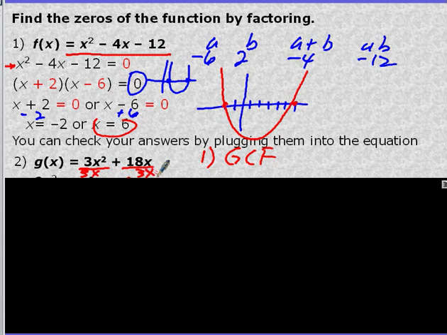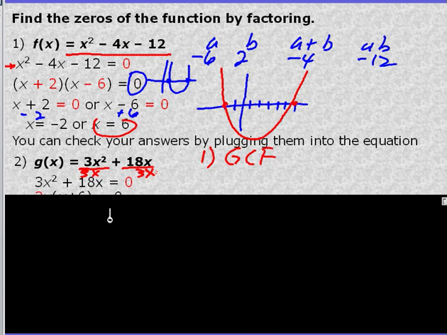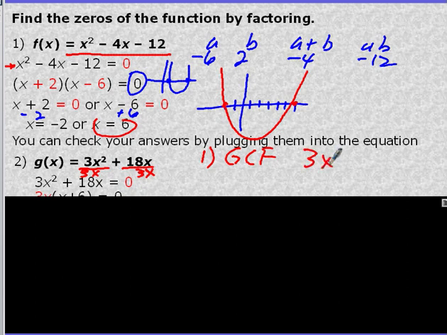So when I do a greatest common factor, it's like dividing each term by that expression. So I pull out my 3x, which is my greatest common factor, and when I divide 3x squared by 3x, I cancel the 3 out, and then I cancel one of my x's, so I'm left with just x here.